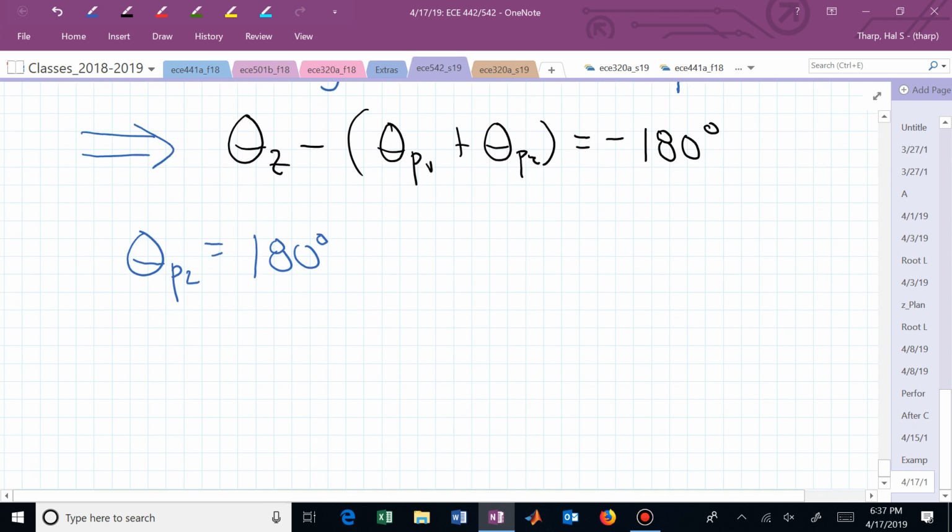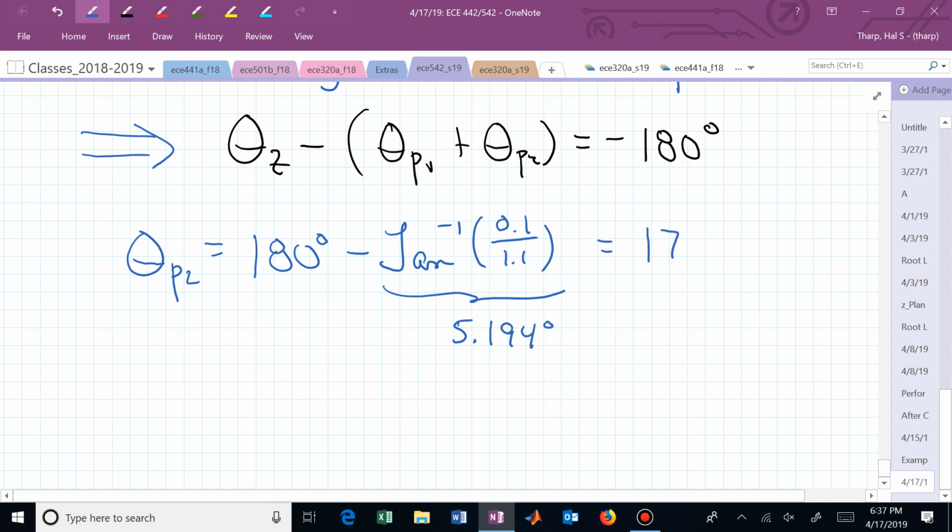So now I know that I have 180 degrees minus the angle that has the inverse tangent of 0.1 over 1.1. And this isn't very big. This is now 5.194 degrees, not that big. Or this angle is 174.8 degrees. That's the angle of P2, the pole at 2.